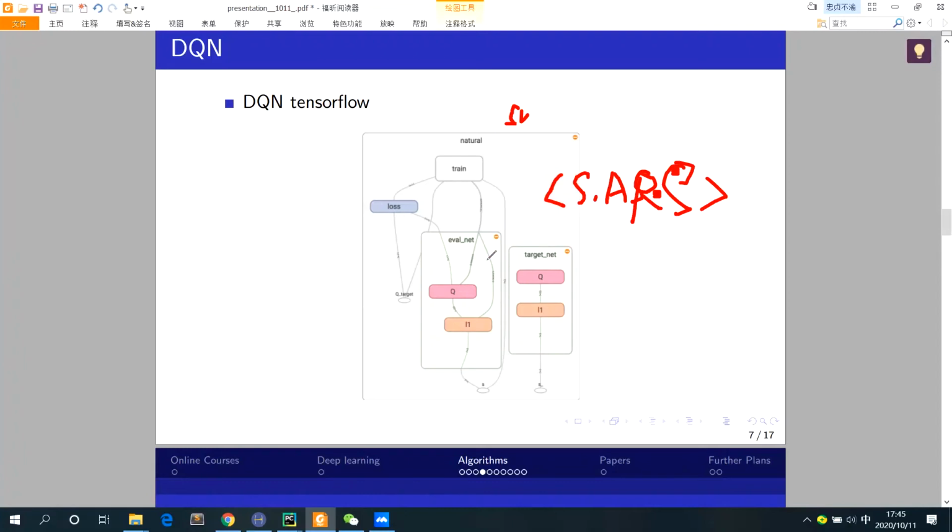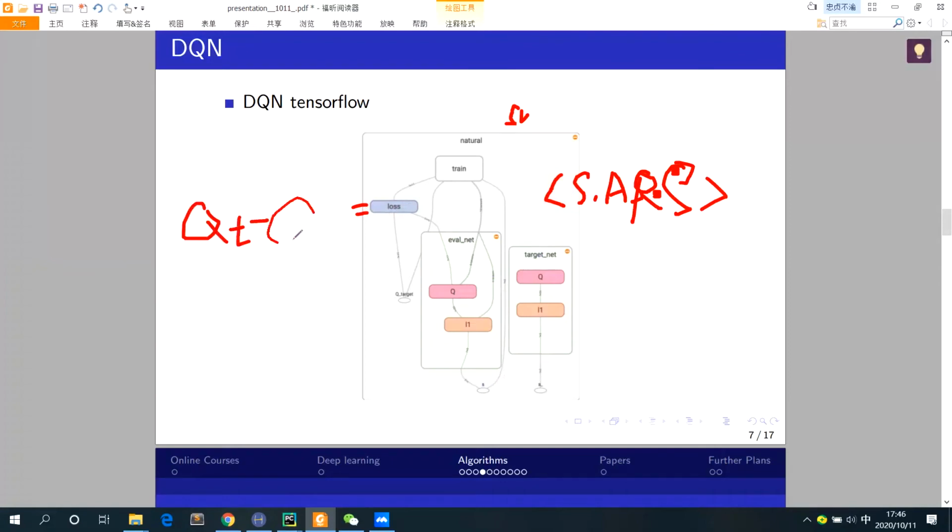We can see from here we got two neural networks. One is the evaluation network, and another is the target network. For this one we output Q evaluate, and for this one we get Q target. Here we have the loss function, which equals Q target minus Q evaluate.